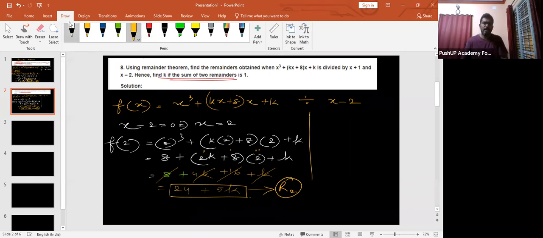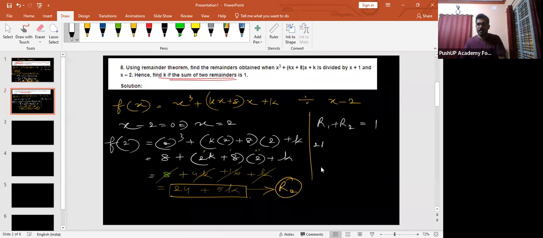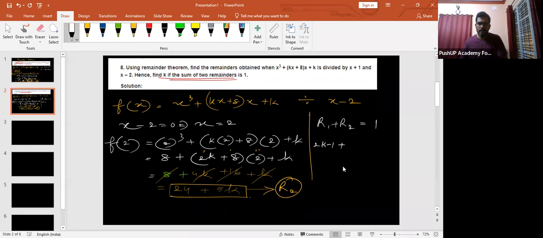That is why I had written here R1 plus R2 is equal to what? 1. How much was R1, children? 2k minus 9, isn't it? R1 was 2k minus 9 plus how much was R2? It was just now we found 24 plus 5k, which is equal to how much? 1. Right?